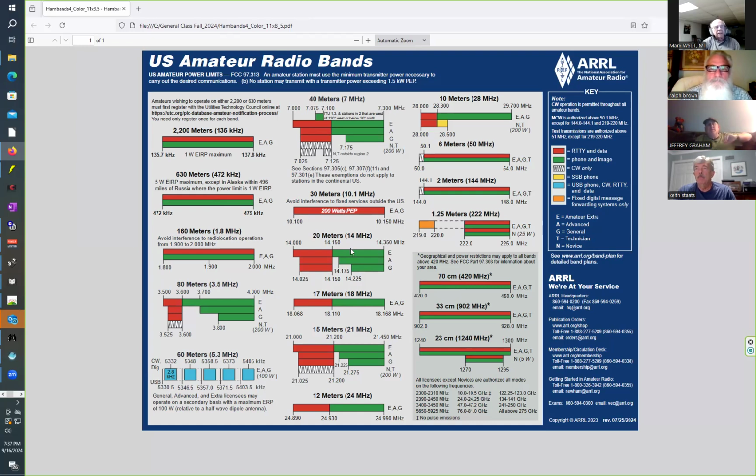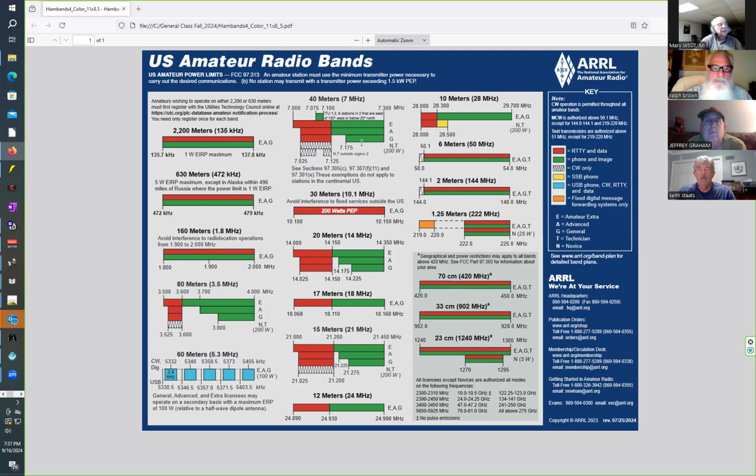For single sideband, you've got 3 kilohertz width. Now you notice, over here on 40 meters on your general path, you've got 7.175. You see that down here?